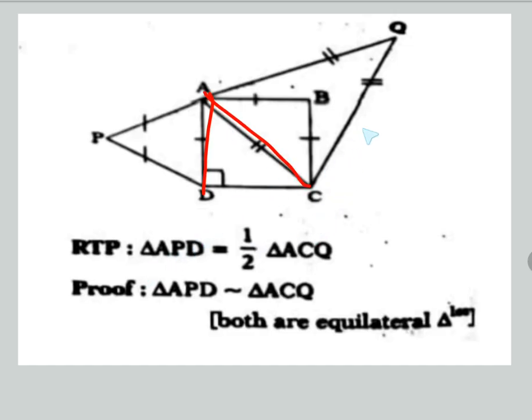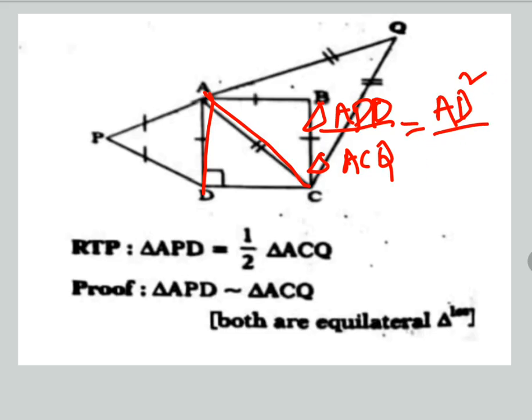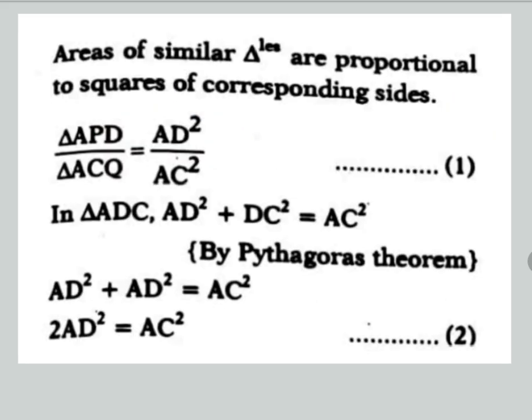We can write that the area of APD by the area of ACQ is equal to AD square by AC square.